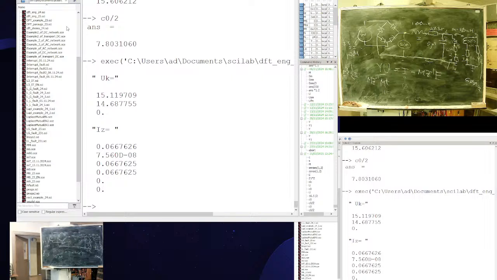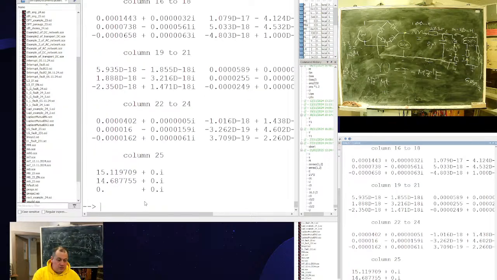True DC component of this voltage is 7 volts. And at point of my calculus 15.11. Yeah, 15.11 if I divide by half. Yeah, where is the 1/2?